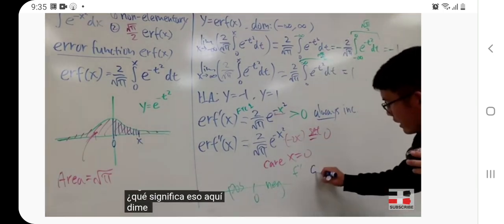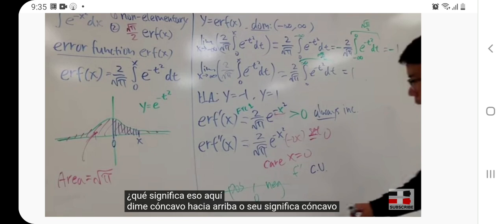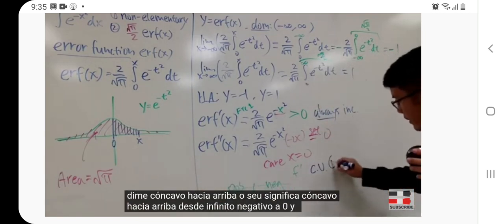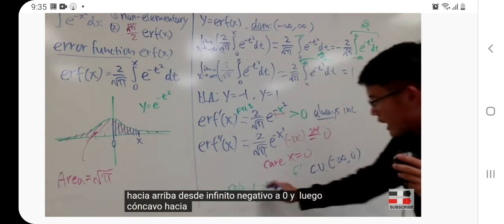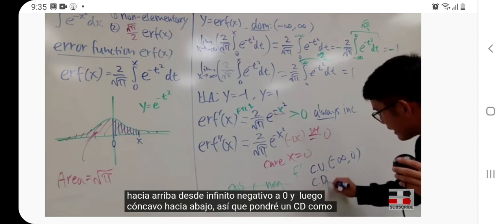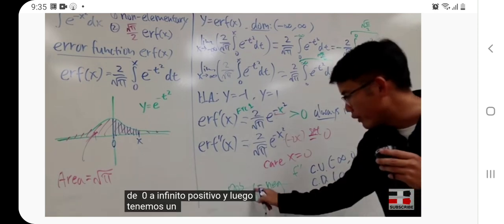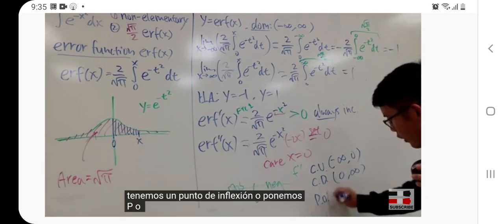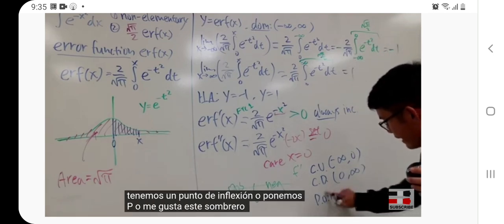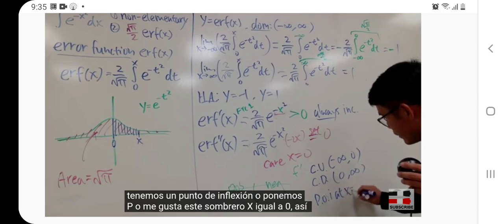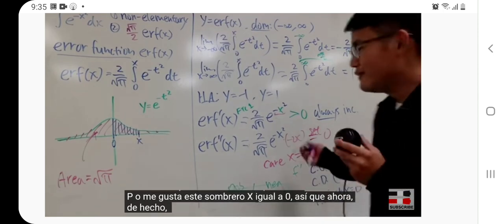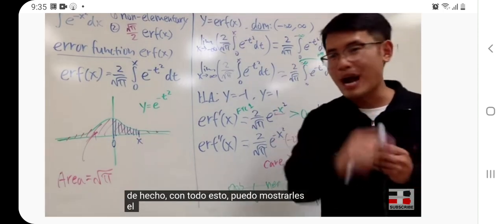This tells me concave up, CU stands for concave up, from negative infinity to 0. And then concave down, CD like this, from 0 to positive infinity. And then we do have a point of inflection, so I put POI like this at x equal to 0.